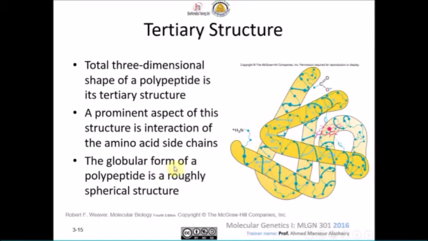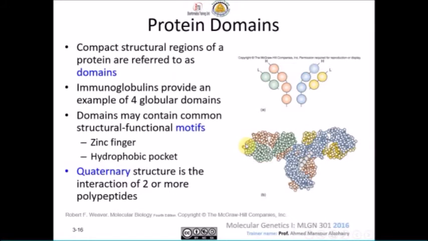This globular form of a polypeptide is roughly a spherical structure. This is the tertiary structure. As we can see, one polypeptide chain can generate this tertiary structure.